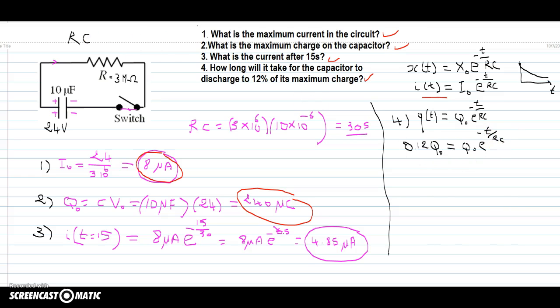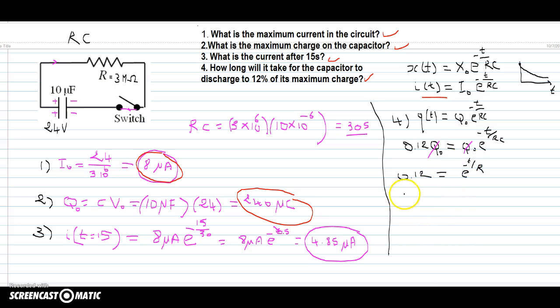Now I lose Q0 and Q0, so I'm left with 0.12 equals exponential minus t over RC time. We are looking for the time here.